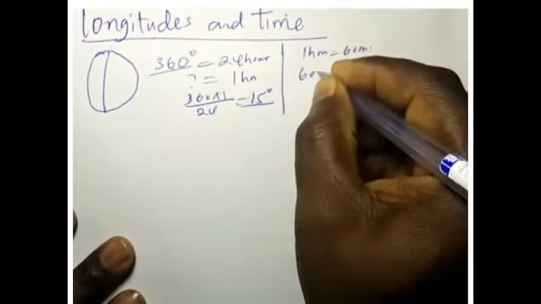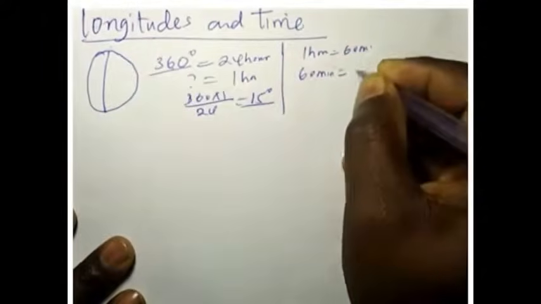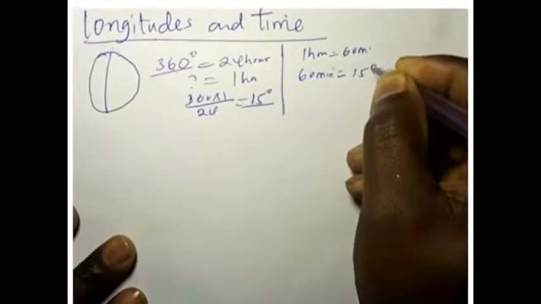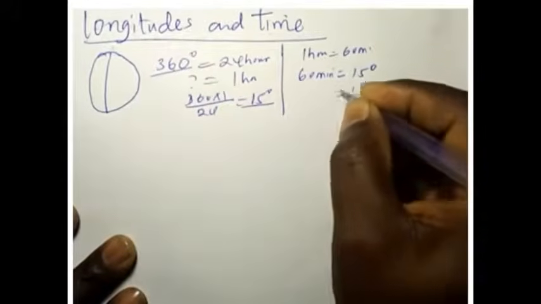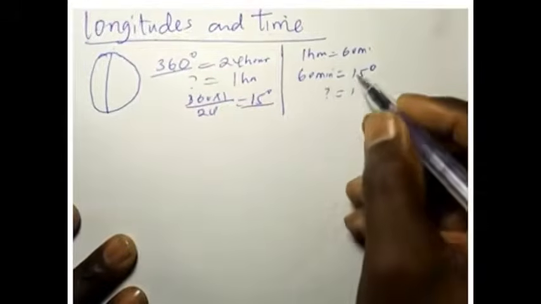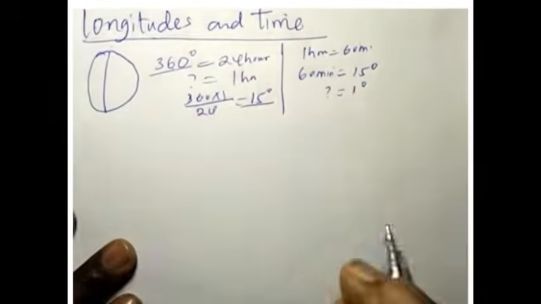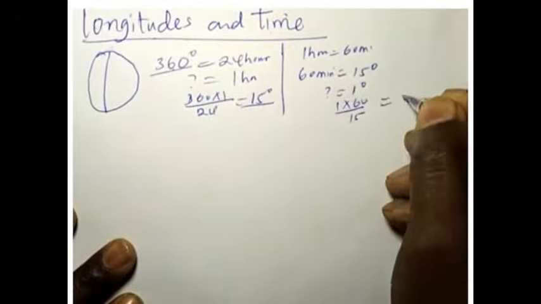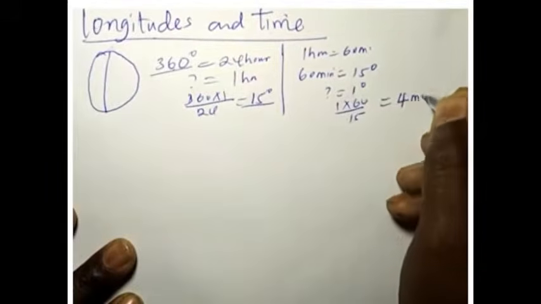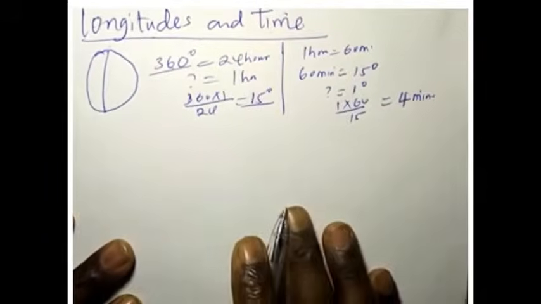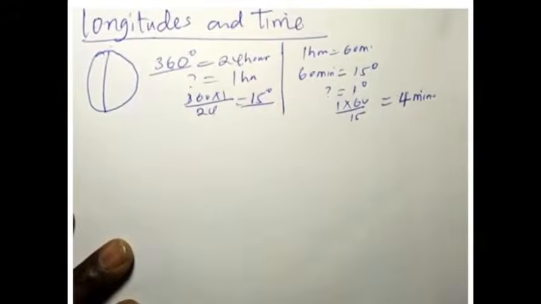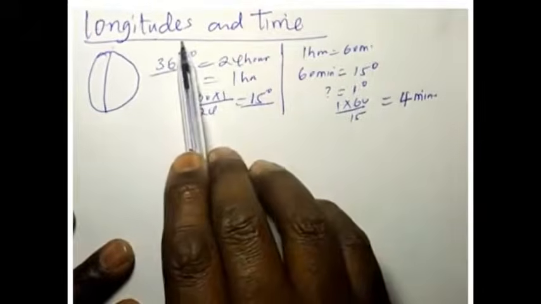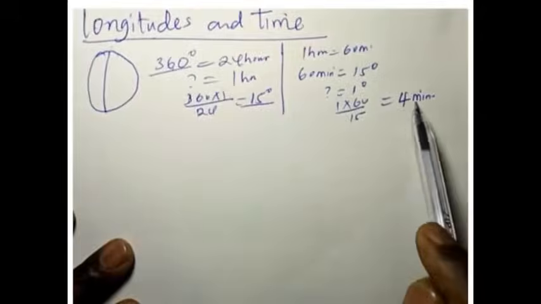So if 60 minutes is equal to 15 degrees, what will be the time for 1 degree? It is 1 times 60 divided by 15, and this one gives us 4 minutes. So for every change of 1 degree along the longitudes, there is a change in time of 4 minutes.